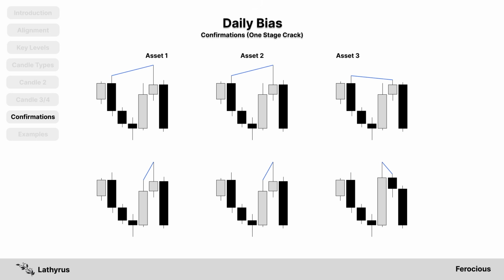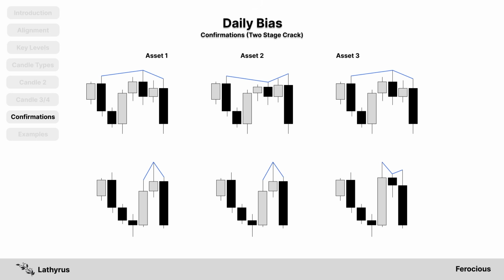Only thing is asset 3 is doing this way earlier and making a lower high here while making a higher high on asset 1 and 2. This is basically another form of crack we are using here. So this is the swing cracking correlation and this is the consecutive or previous candle high cracking correlation, right?